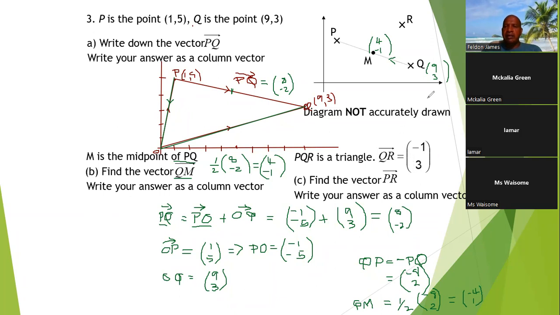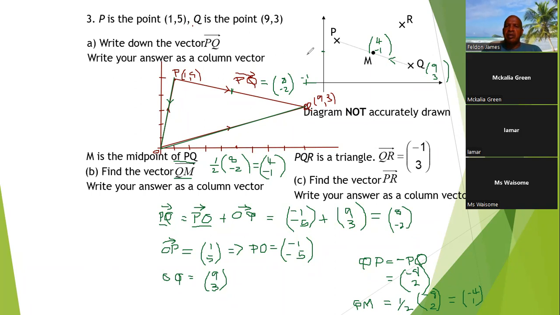So QR, from Q to R, is -1 and 3. -1 would be on this side, and y equals 3. This is going all the way up to 4 here, so you have y equals 3 about here.